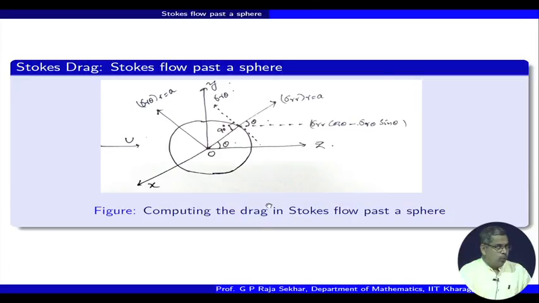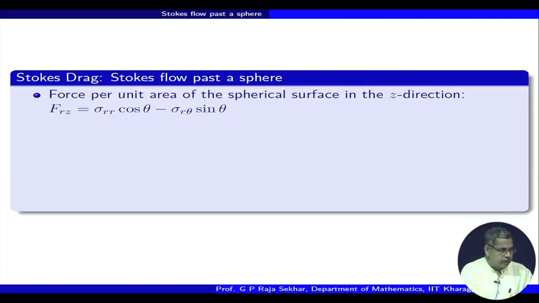So, now we proceed to compute the drag. Okay. So, again let us recall the geometry. We have a uniform flow along the z axis, then we have computed the difference, then correspondingly pressure is obtained, and then we got the corresponding stress components. Once you have pressure and velocity, one can compute the stress components. Okay. So, we would like to use these stress components and compute the drag force. Now, what is the definition?